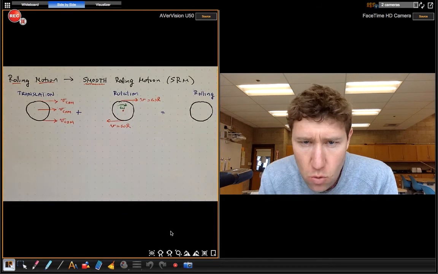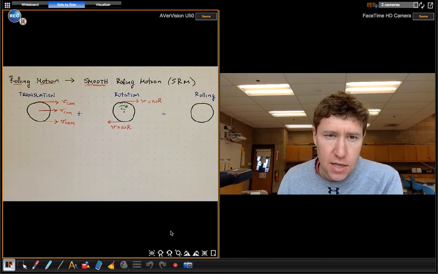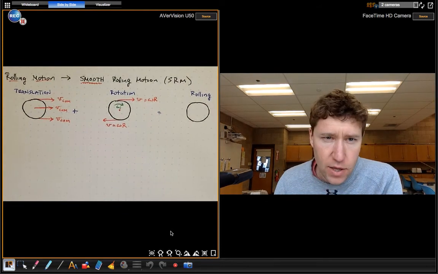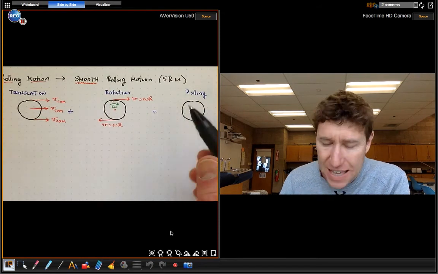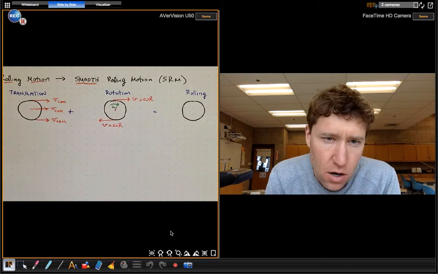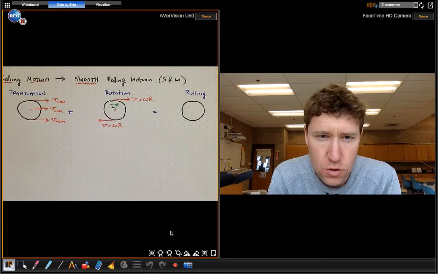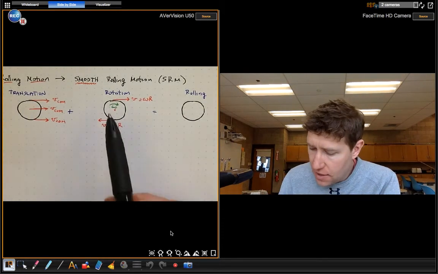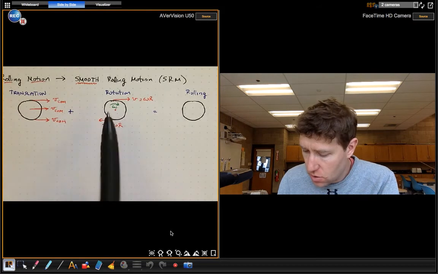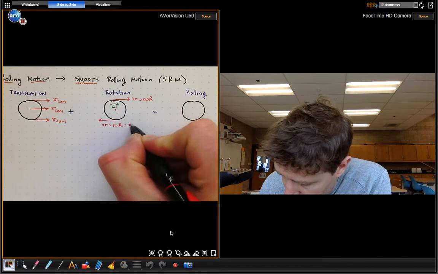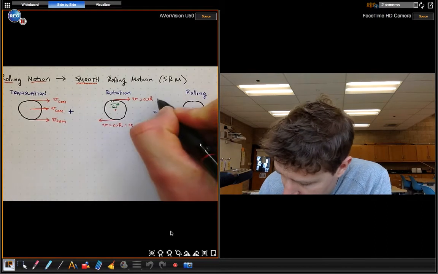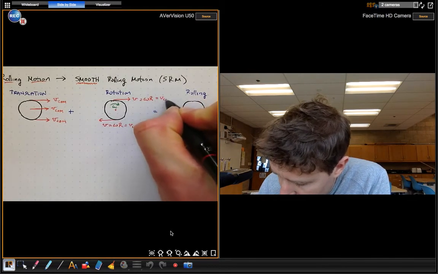Now it turns out that in order for something to be rolling smoothly, the velocity of its center of mass has to be exactly equal to omega r. That's the requirement for smooth rolling motion. So if I combine these two, this right here is equal to v com, and this, omega r, is also equal to v com.